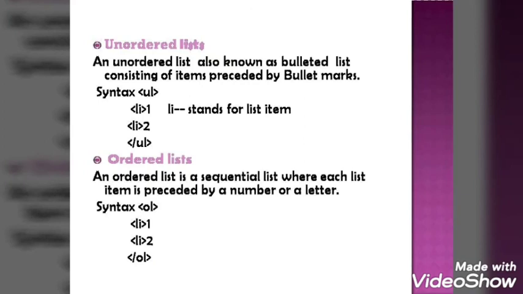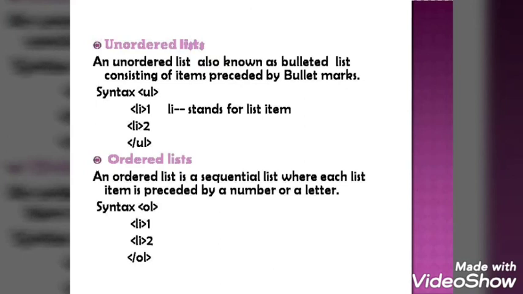In the ordered list, we write the list in sequential order. Okay, OL, ordered list, in brackets. Then LI, list 1, list 2, whatever options you want, 1, 2, 3, 4. At the end, you have to close it, with the same tag in brackets with a slash. So like this, we can close the ordered list, and we can prepare lists which will appear on the web page.